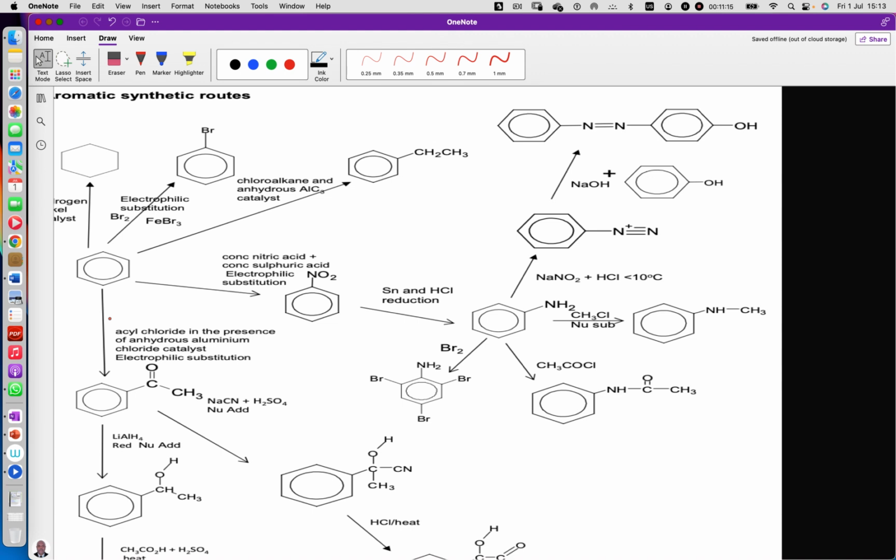You could use iron 3 bromide, aluminum chloride or iron 3 chloride, any of the halogen carriers, and you will produce it.